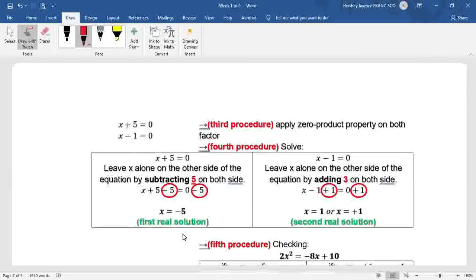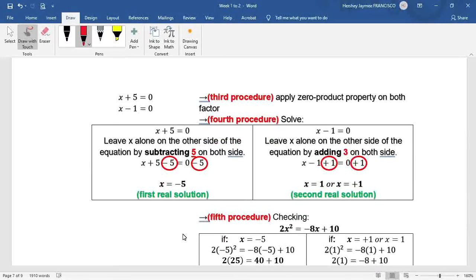The third procedure is to apply the zero product property. Apply the factors: x plus 5 is equal to 0, equate it to 0, and x minus 1 is equal to 0. So, again, you just copy it, and then find the value of x. Leave x on the left, and move the value of 5 to the right.